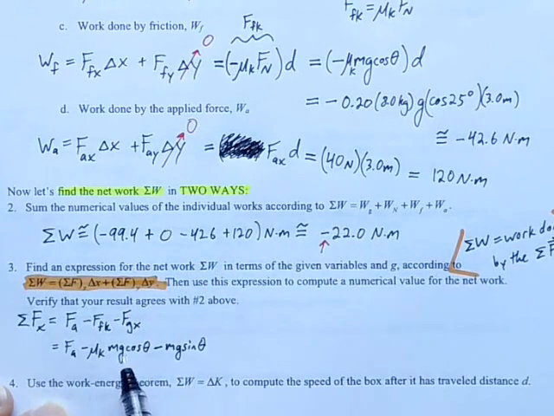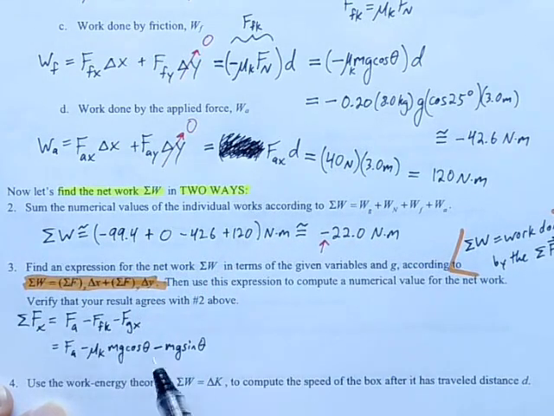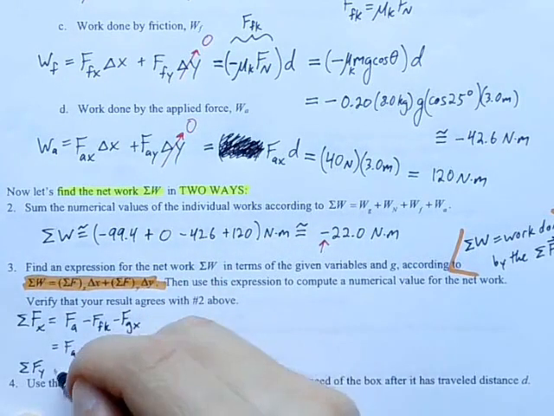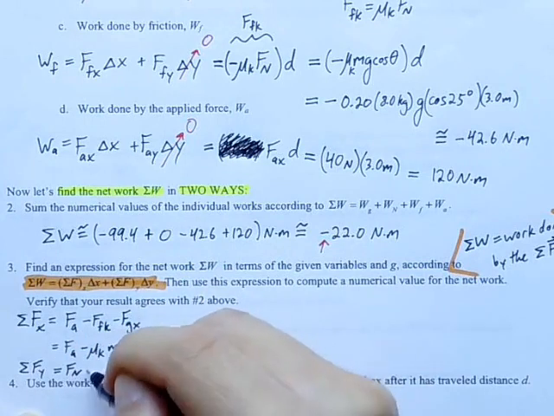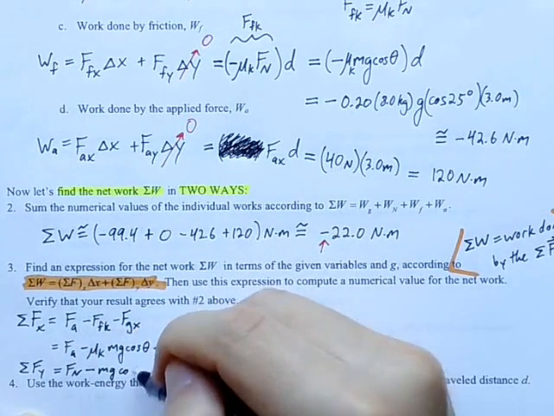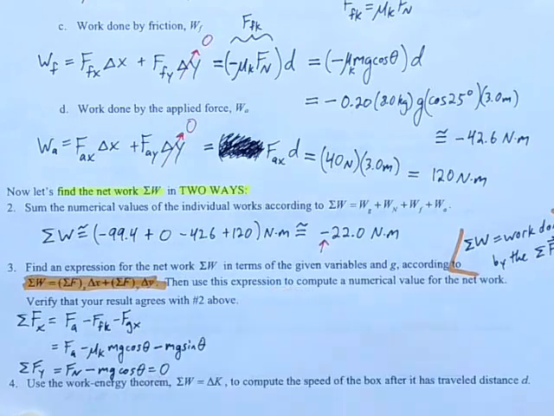Those are our expressions for those two components. And then the net force in the y direction, we already worked out that that's Fn minus mg cos theta, which is 0. No net force in the y direction.